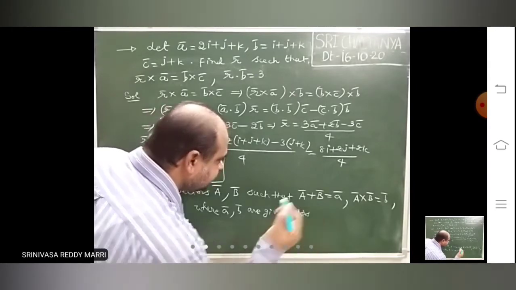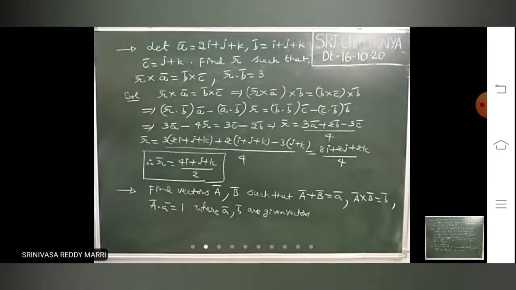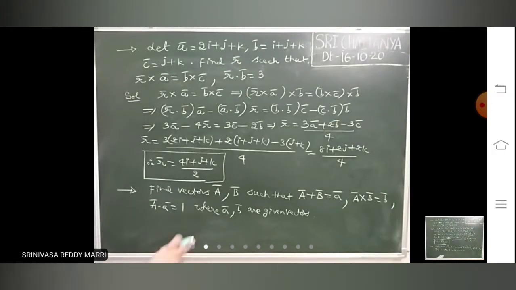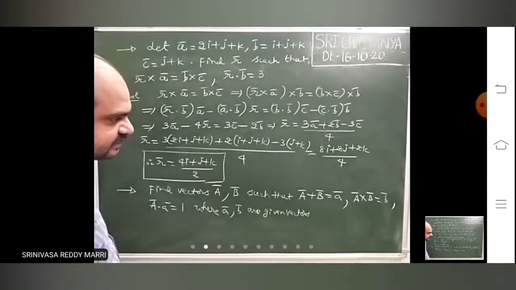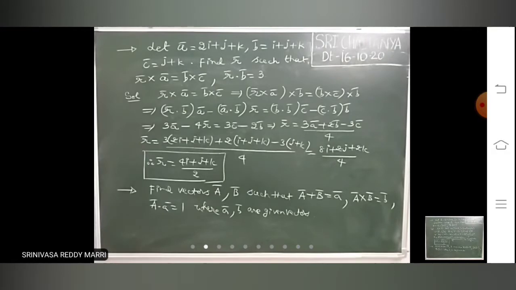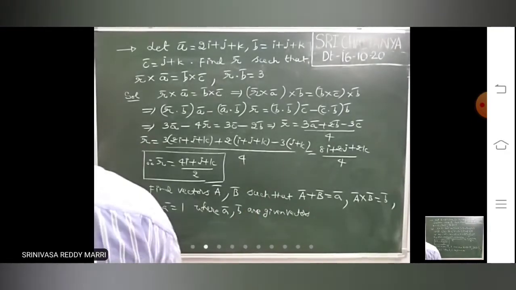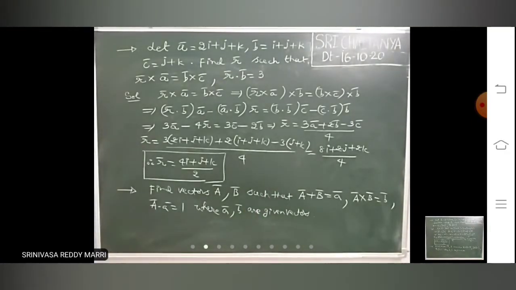That means they are fixed vectors. Of course, here it is not given. So you have to find a bar, b bar in terms of small a bar, small b bar. Look at this, equations like this are given.